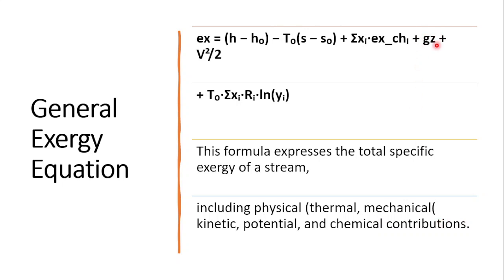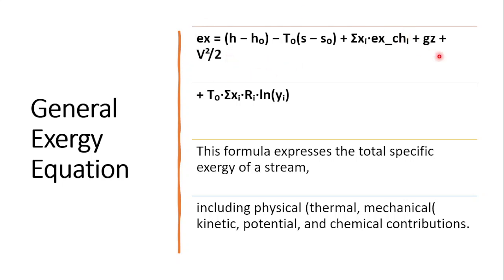This item is related to the potential exergy. Besides that, we have another option, v, which means velocity, to the power 2 divided by 2, which is related to the kinetic exergy.